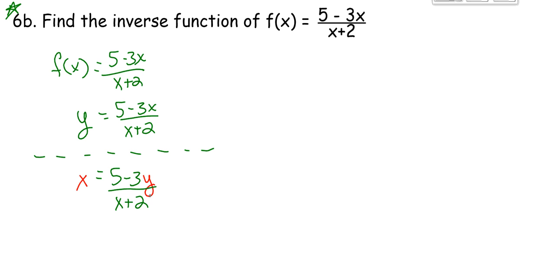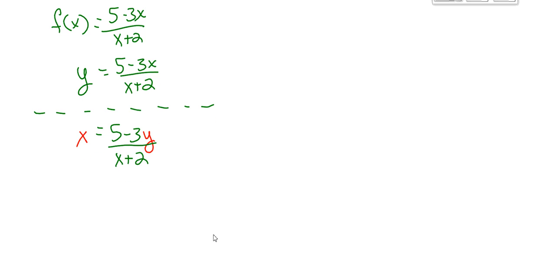Now, this one, I'm going to just be super honest and say there's a little more work to this, and you kind of have to think about how you're going to get y alone. So the first thing I'm going to do is get rid of this fraction. So I'm going to multiply by x plus 2 on each side. And then here, it's going to cancel on that side.